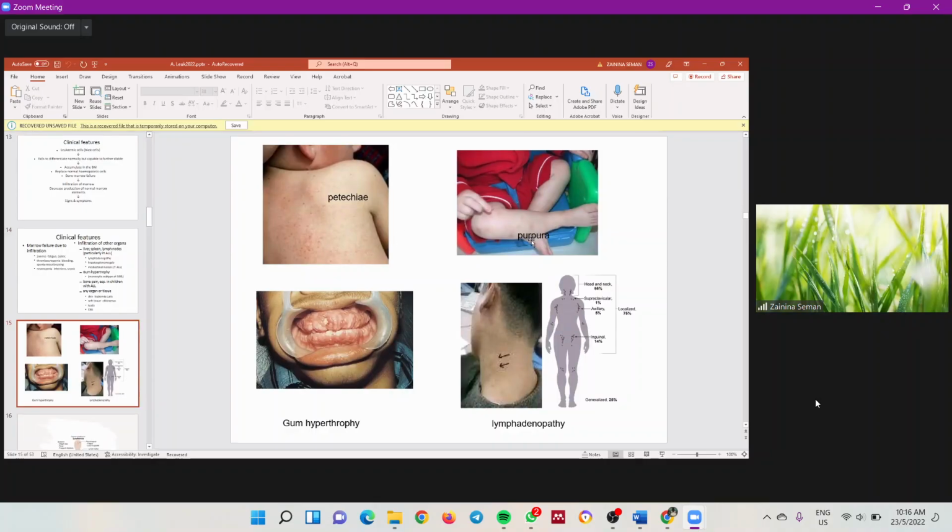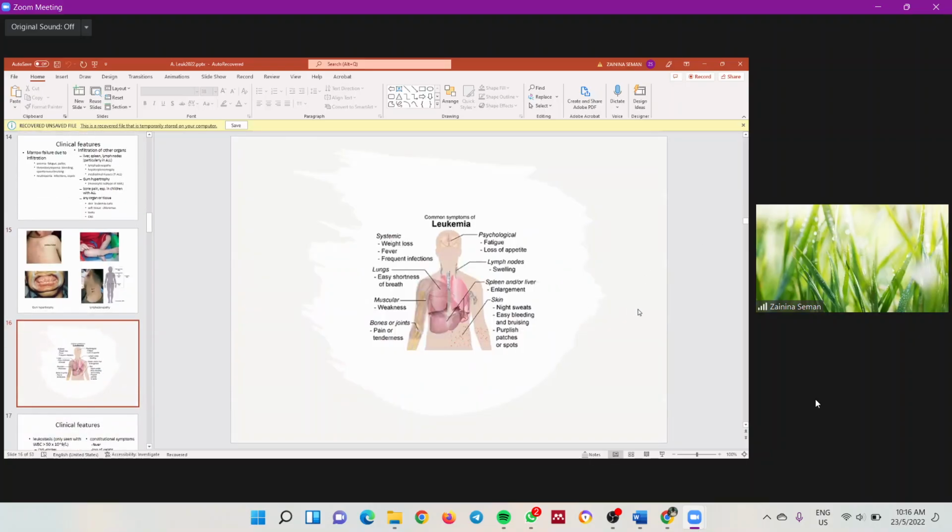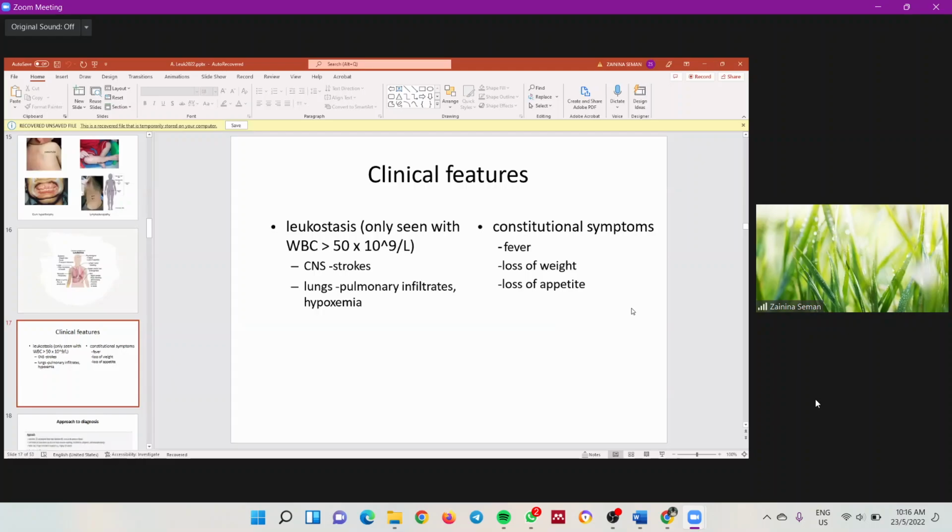So these are among the common manifestations: petechiae, purpura due to low platelets, infiltration into the gum, and infiltration into the lymph node. These are among other common symptoms of leukemia. Other than that, it also can give rise to leukostasis. Leuko means white cell, stasis means stuck.